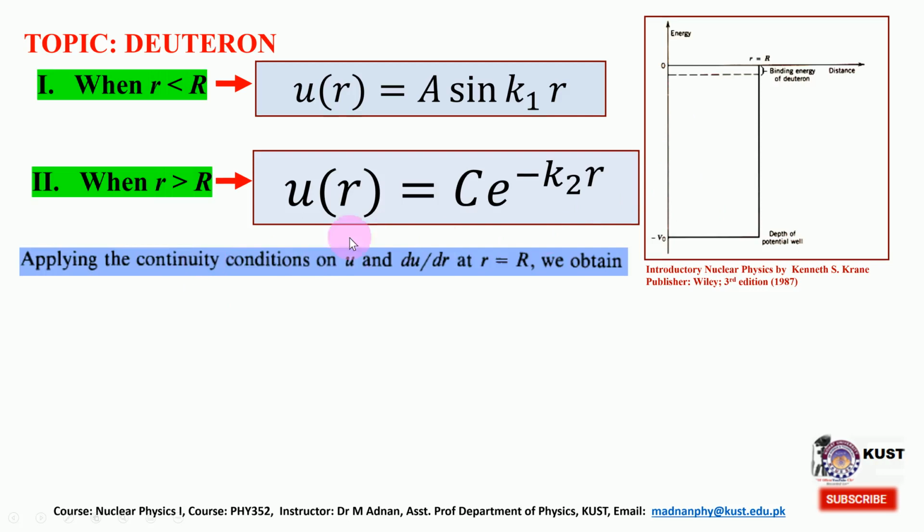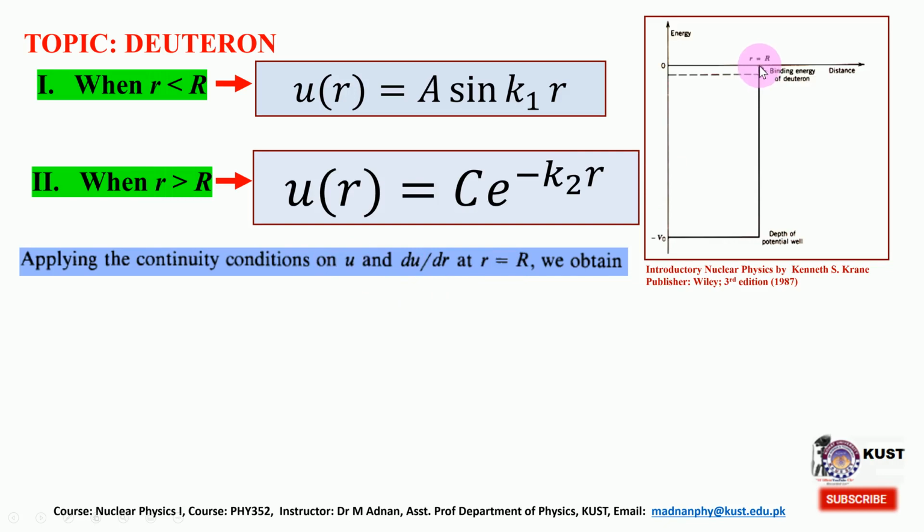For that, we need to apply the continuity condition on this u and the derivative of this u with respect to r at r equal to capital R. Again, you learned this in quantum mechanics: the wave function should be continuous, and also its first derivative at the boundary should be continuous. That is, the slope and the function are both consistent.